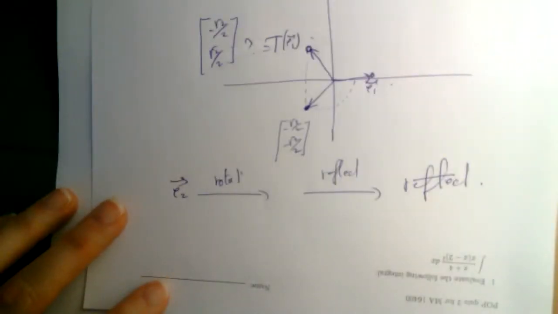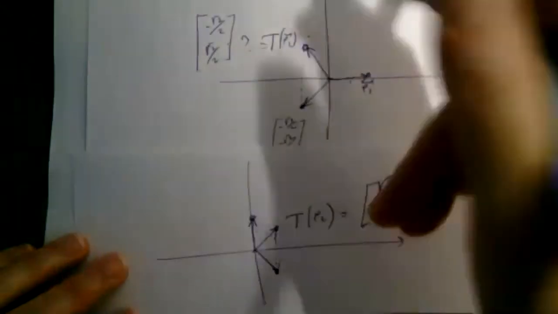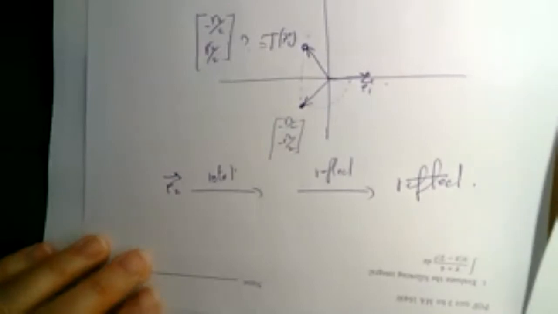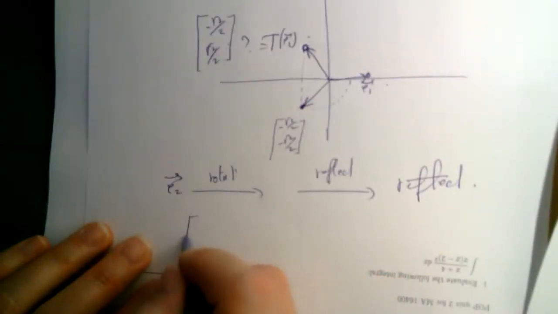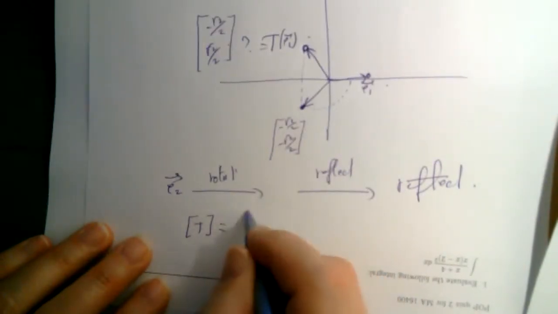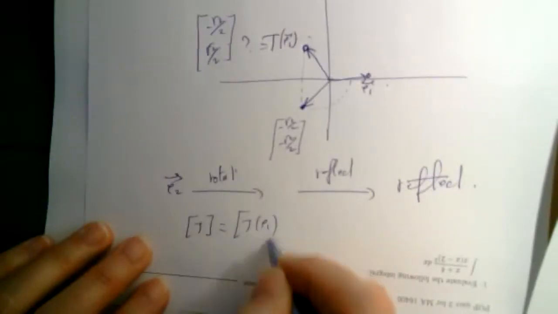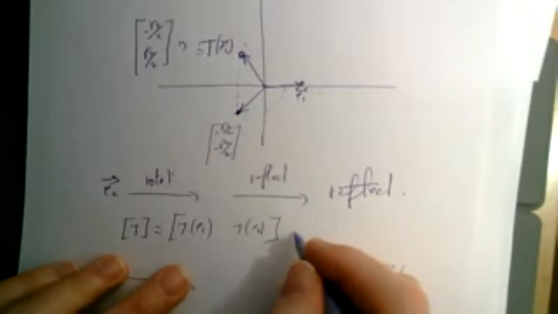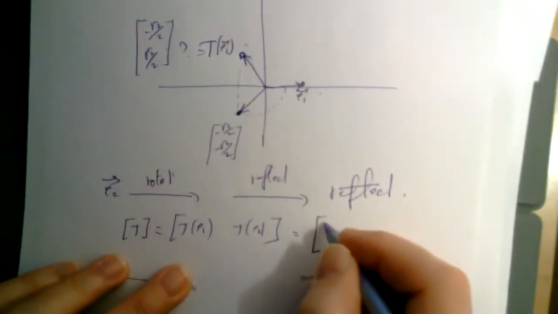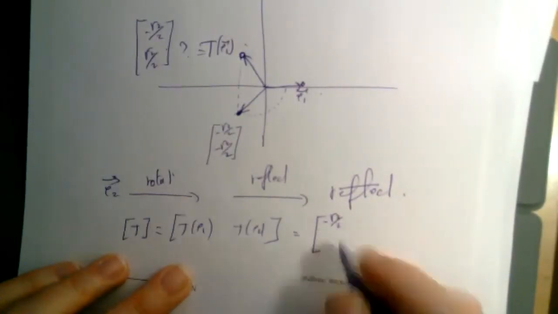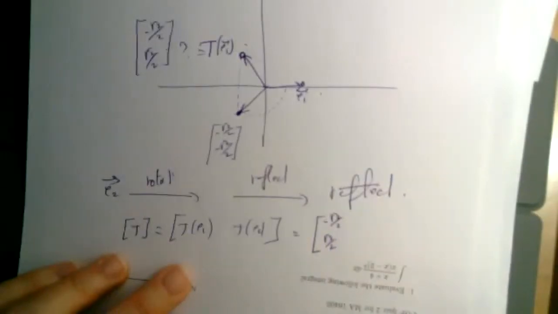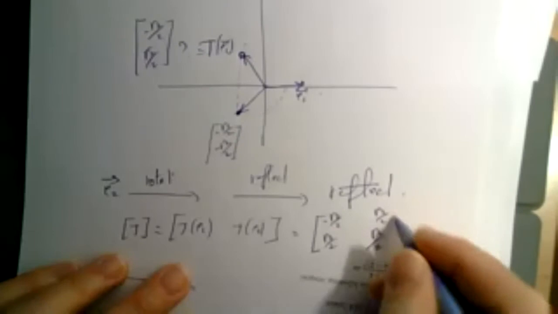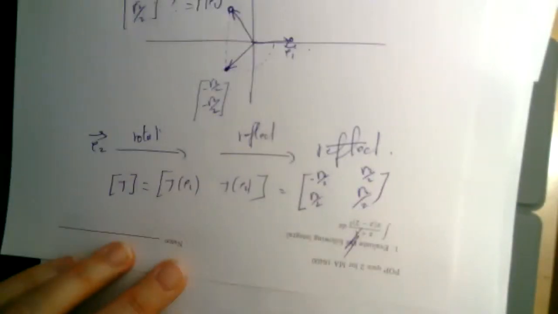So this is my T of e2, and I already found T of e1, and now I can find the standard matrix. The standard matrix is going to be T of e1, T of e2. So it's going to be T of e1, minus square root of 2 over 2, square root of 2 over 2, and T of e2, square root of 2 over 2, square root of 2 over 2.